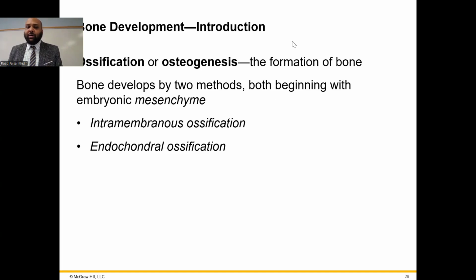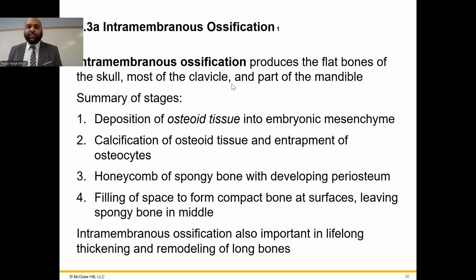These are the two types that we develop with. The intramembranous ossification produces the flat bones of the skull, the majority of the clavicle, and part of the mandible.